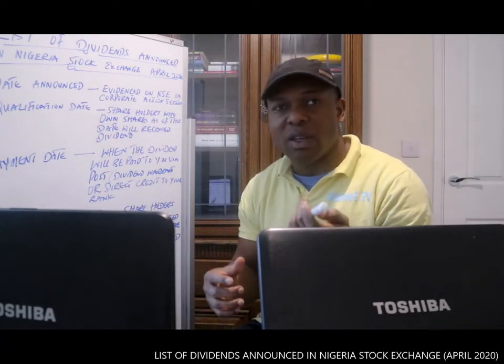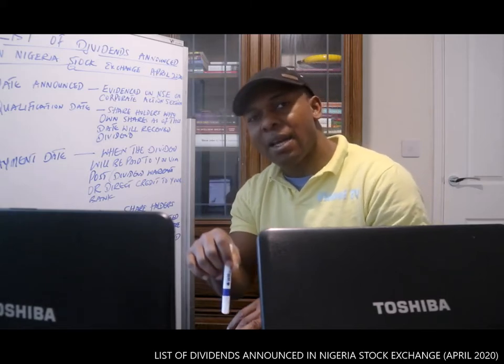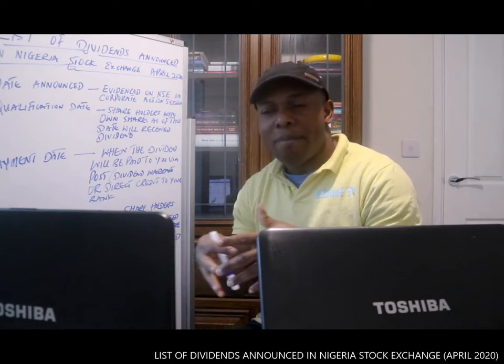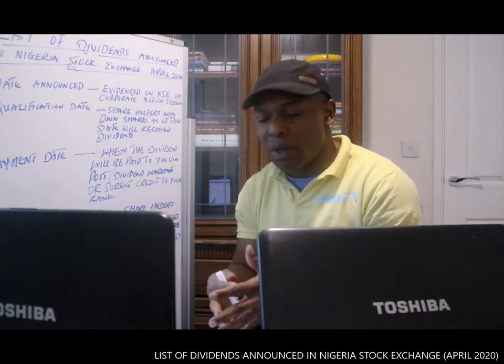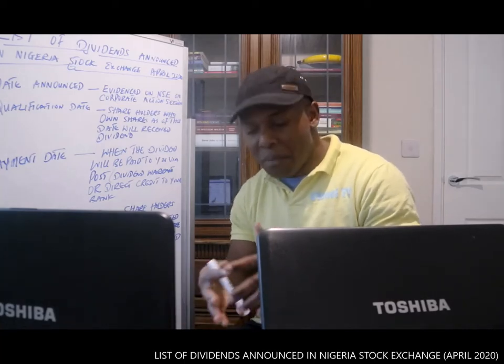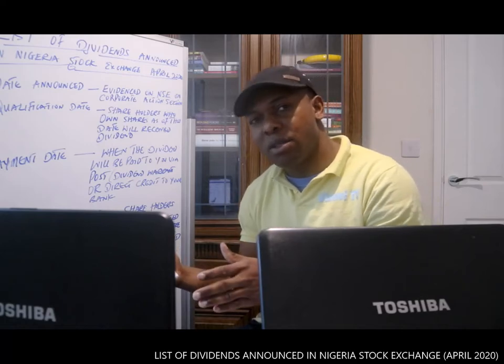Obviously the dividend is a corporate action, and it is the directors of the company who decide, when they do their financial accounts and corporate earnings, and check the financial statement of that particular company. They do this quarterly, every three months.